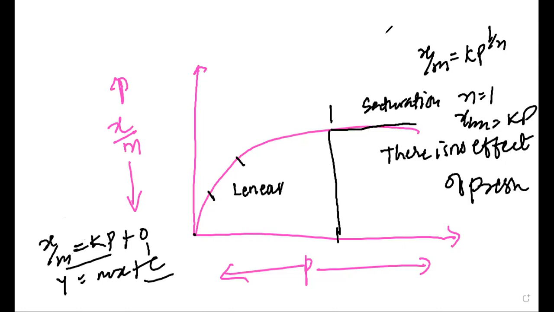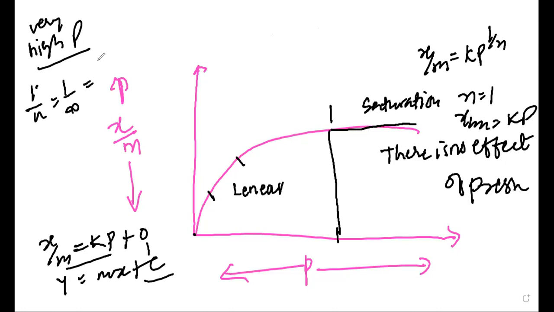That shows it is linear, and at very high pressure, 1 upon n is equal to 1 upon infinity, and that is x by m is equal to k p raised to 0.